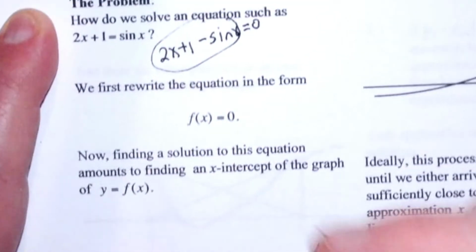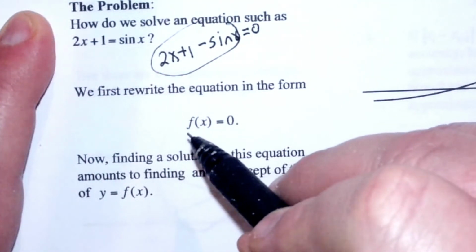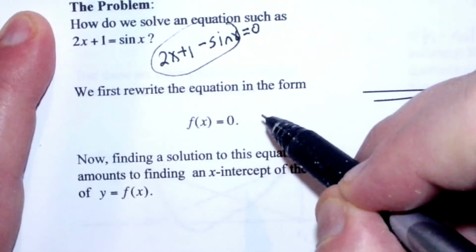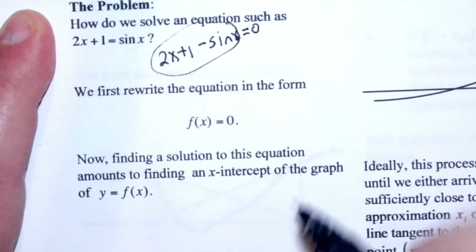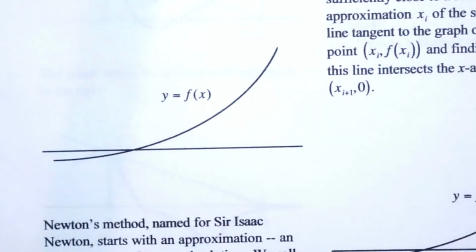Now what you've got is an equation of the form f of x equals 0. Solving an equation of this form really means finding x-intercepts for this function. So if f of x intersects the x-axis, then we are finding that intersection.